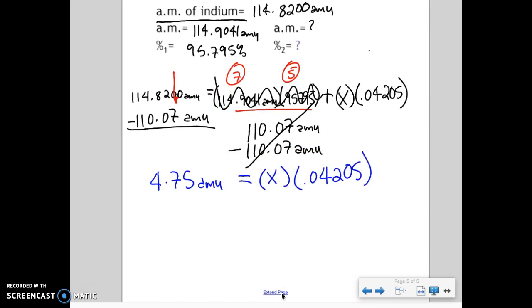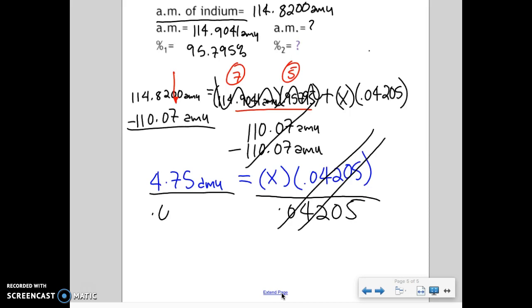If you want to get X alone on the right-hand side, all we have to do is take this side and divide by 0.04205. That gets the 0.04205 off of that side. But remember, if we do it to one side, we've also got to do it to the other. And then the last thing is sig figs. There's 3 here. Here there are 4.